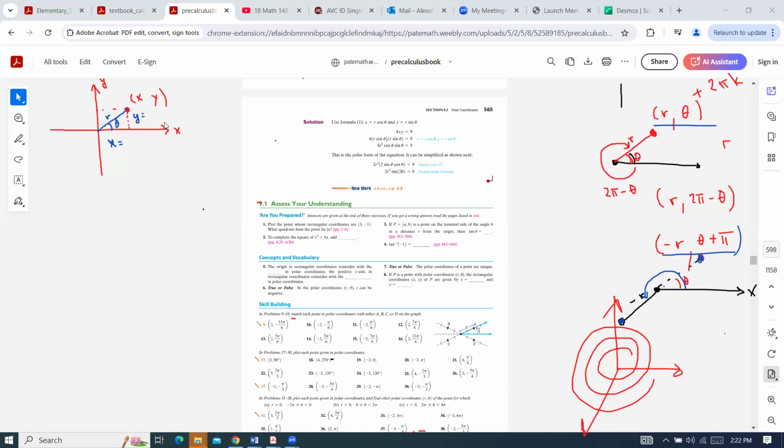It turns out that we already saw this in the previous section: the height was r times sine of theta, and similarly, the adjacent side will be r times cosine of theta. That's the relationship between x and y coordinates and polar presentation.